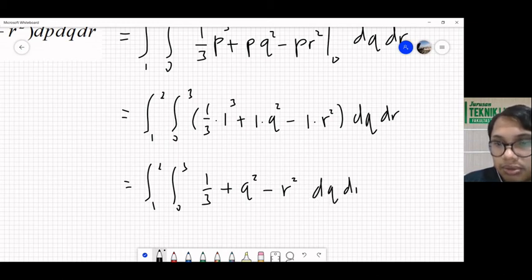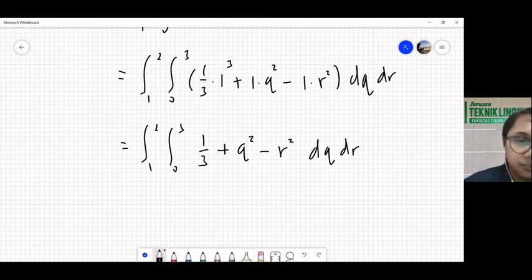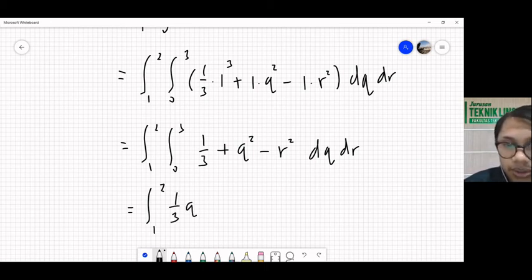Okay, now we solve the dq part. We rewrite the limit for 1 and 2. 1/3, because they didn't have anything, we just integrate and write q from thin air. Q square, when you integrate it, becomes 1/3 q power 3.